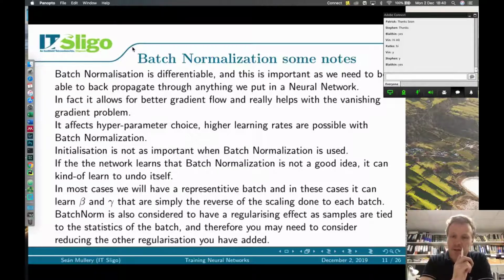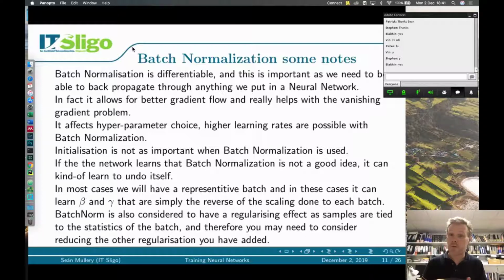Now, the important thing here is that because it has a regularizing effect, if you've included regularization elsewhere within your network, you may need to tune that down a bit. So that lambda value that you normally use for deciding how much regularization you're going to have, you may need to tune back to use a little bit less regularization, because batch norm is now also having a regularizing effect.